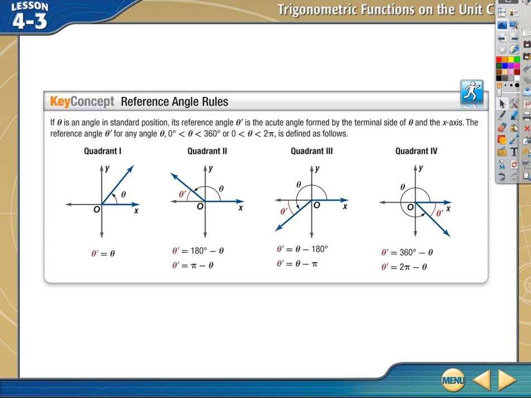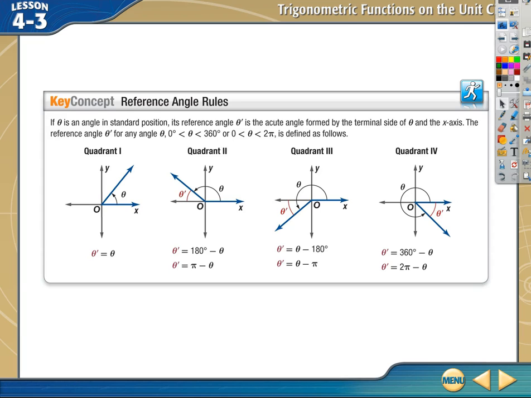If you didn't understand what reference angles were before, reference angles are the angle from the terminal side to the x-axis. So this is your reference angle. On this one in quadrant 2, here's your reference angle. Here's my angle that reached all the way over to quadrant 3. My reference angle again is between the terminal side and the x-axis, right here. When I'm in quadrant 4, here's my reference angle.